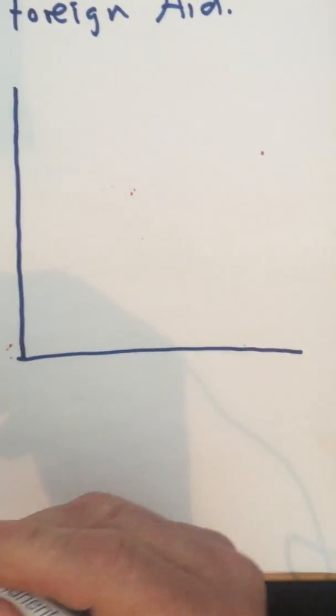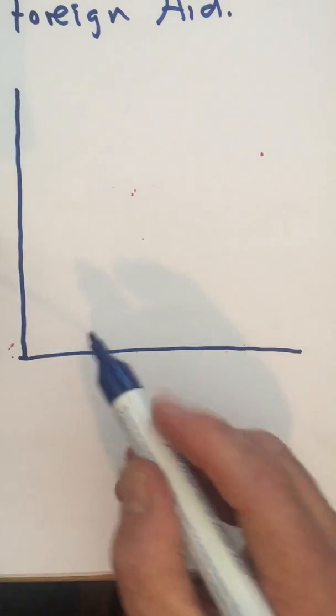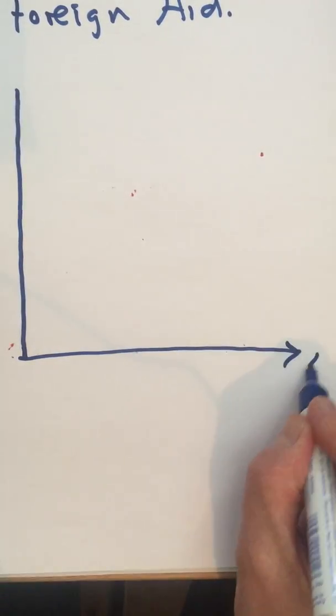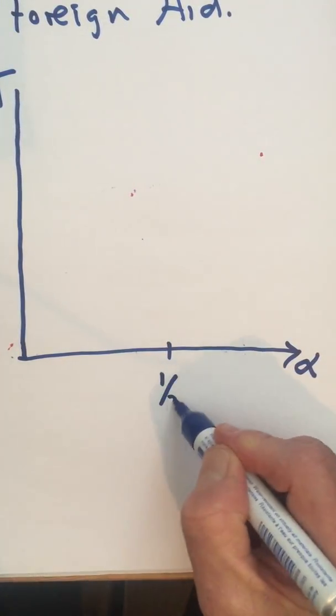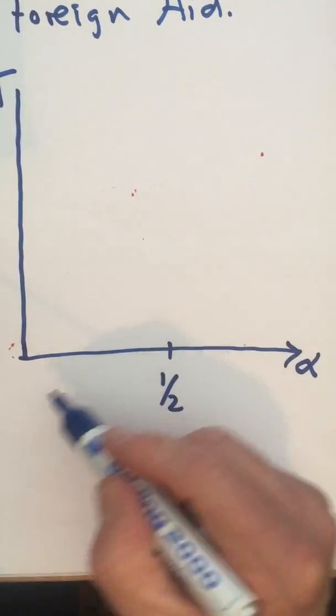One case where you have sort of good institutions. Again, we're going to have alpha here and profits here. We are interested in something that happened around a half.